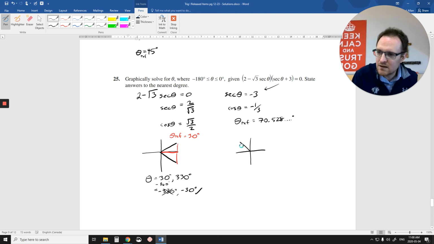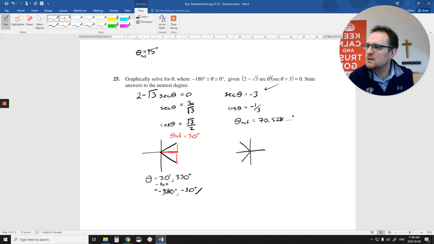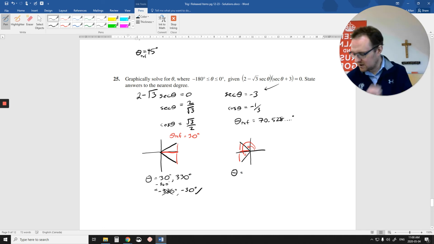It's negative in this quadrant and this quadrant. And we're just going to determine the angles in standard position. So I'm going to use the 70 degrees as is, find the angles in the first circle and then back it up to see if I can find coterminal angles within that domain.